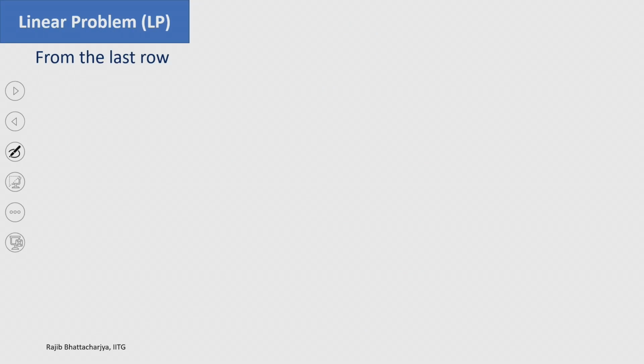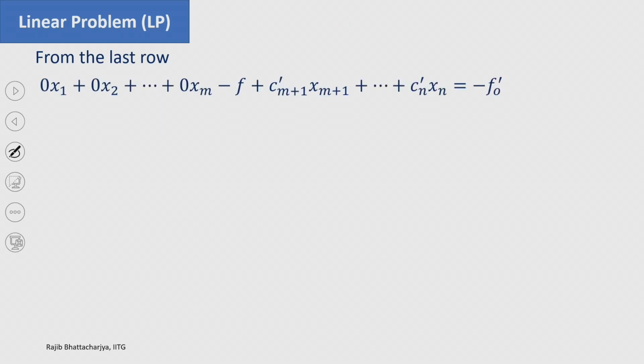Now, from the last row, that is the objective function row, the coefficient of x 1 to x m is 0, and we are getting minus f, and these are non-basic variables, which is equal to minus f naught dash.